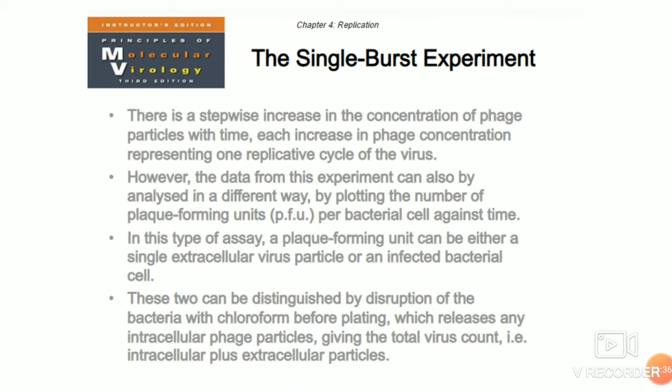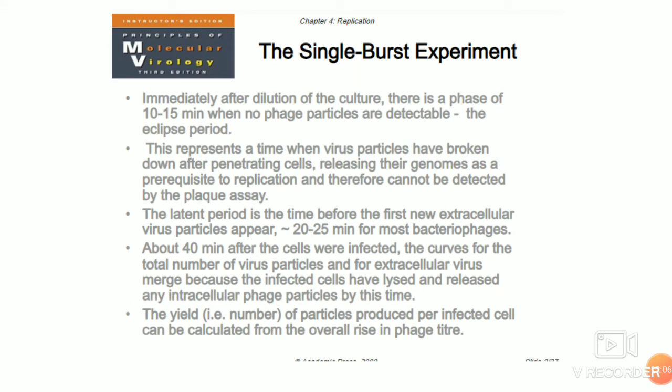In this type of assay, a plaque forming unit can be either a single extracellular virus particle or an infected bacterial cell. These two can be distinguished by disruption of bacteria with chloroform before plating, which releases any intracellular phage particles, giving the total viral count, that is intracellular plus extracellular virus.